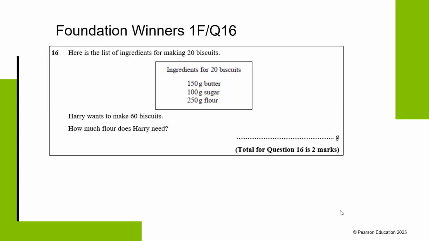Most correctly found 3 lots of 250, but some did try to find the amount of flour and then multiplied it by 60 after finding 1. The method would get the credit, but it was rare to see a successful answer because of the division of 250 by 20, for example.